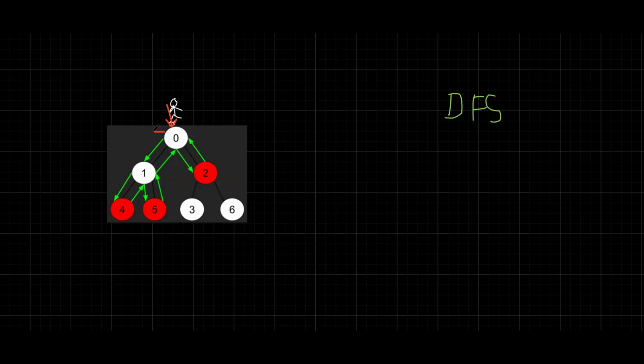Now from 0, we can go left. Now from 1, we can go left. So here we can see that the node 4 has an apple. The time needed below node 4 is 0, and we will return from node 4.